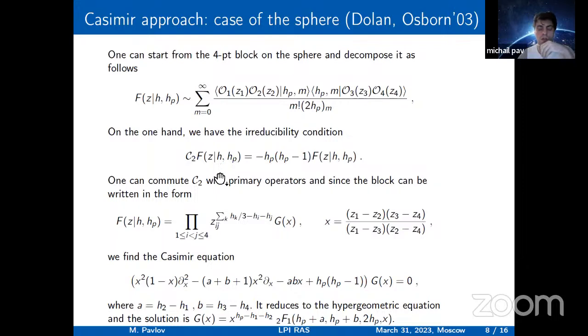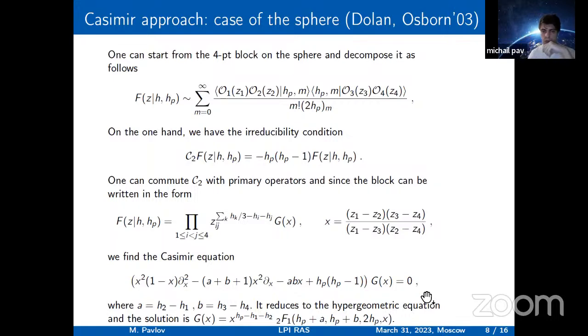So yeah, and this is quite well known. It's more useful to derive an equation for the function g here. So this is a standard function of the cross ratio, and the result is given here.